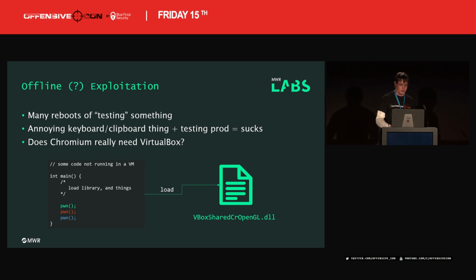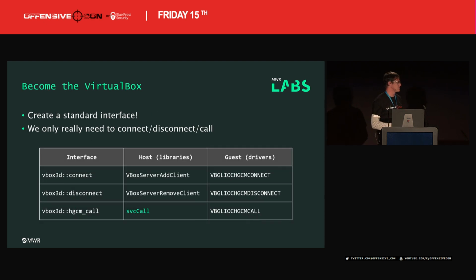The idea that I came up with is creating a little standard interface that consists of connecting, disconnecting, and making HGCM calls. How that interface is implemented on the host: the library will load the relevant DLLs, get the exported methods, and use SVC call to simulate connecting, disconnecting, and making HGCM calls.